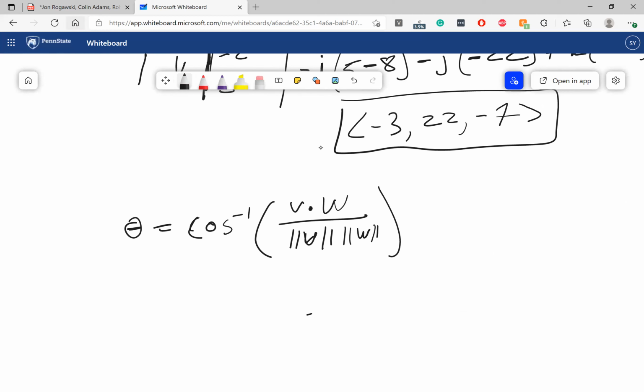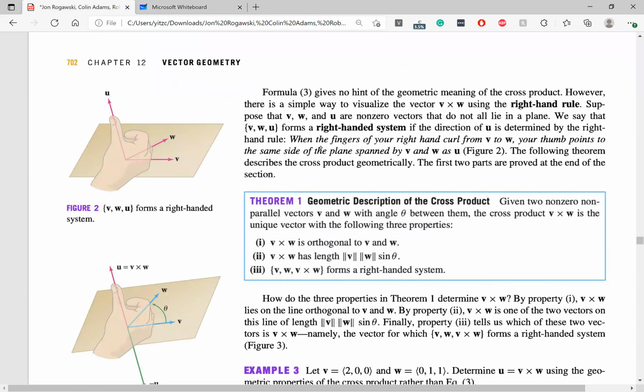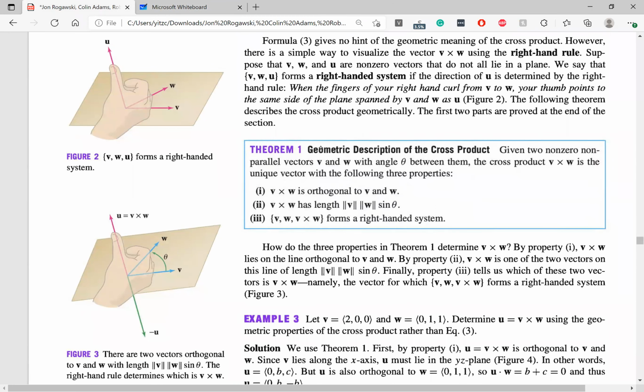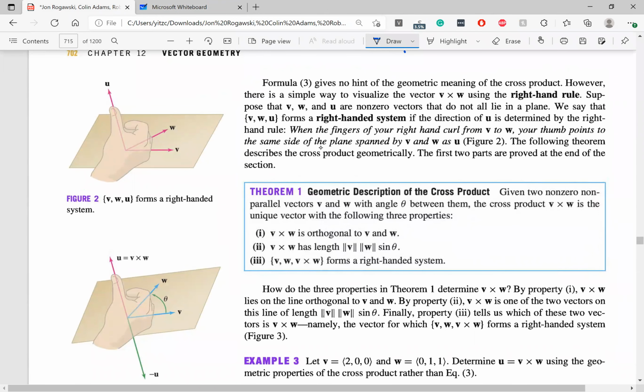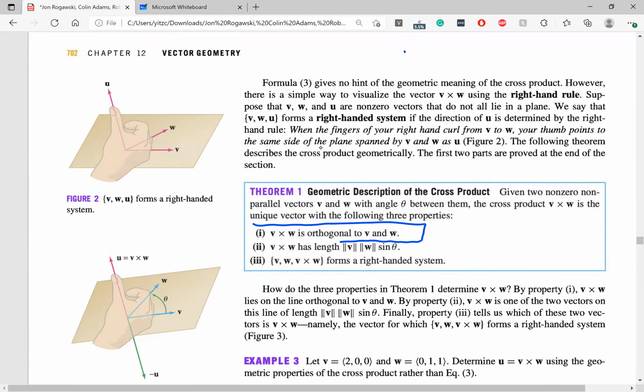The cross product also has some geometrical interpretations. The first one, and probably the one that's used the most often, is that the cross product of two vectors is orthogonal, or perpendicular, to those vectors.